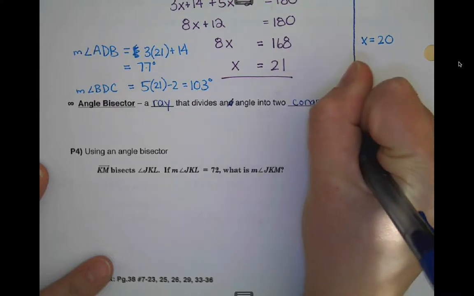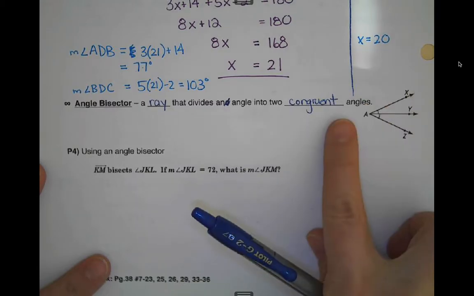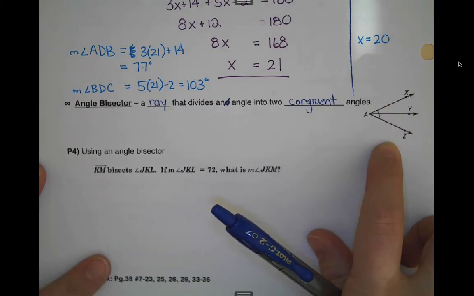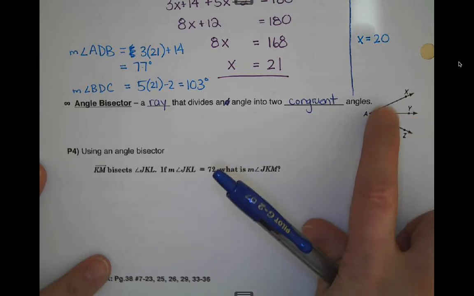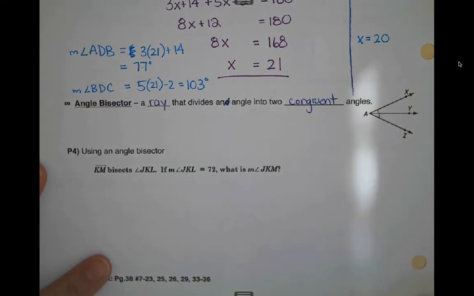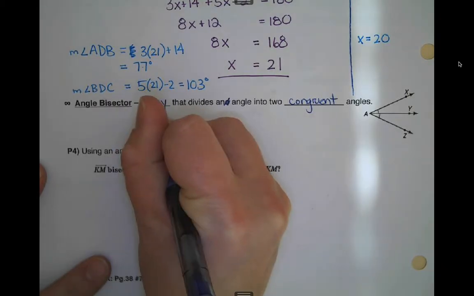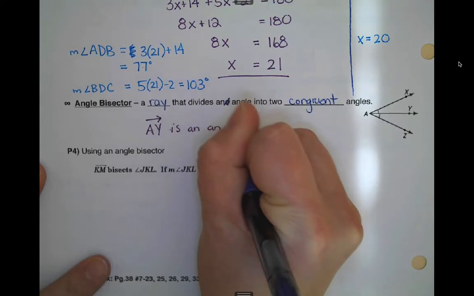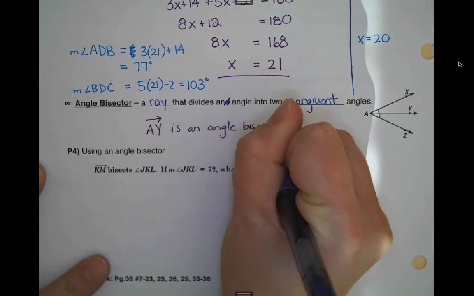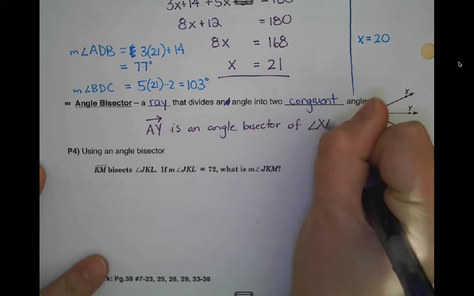So we have a picture over here to the right of angle XAZ. Angle XAZ is split into two congruent angles by ray AY. We can see the congruent markings. So I'm going to say down below here that ray AY is an angle bisector of angle XAZ.